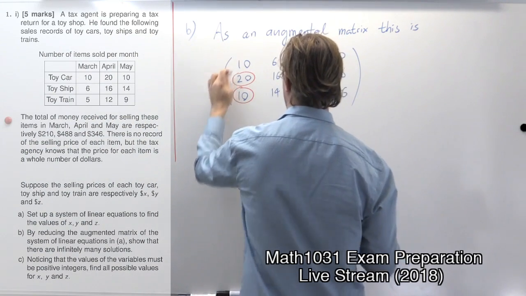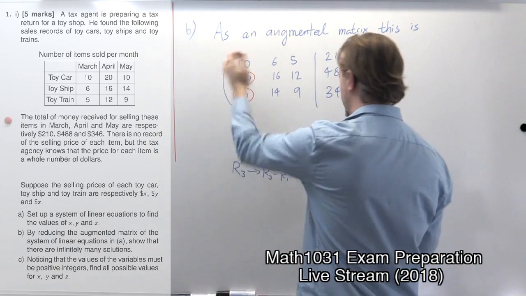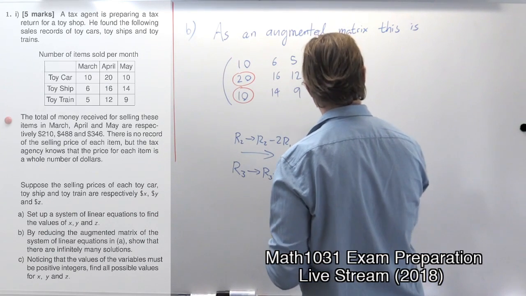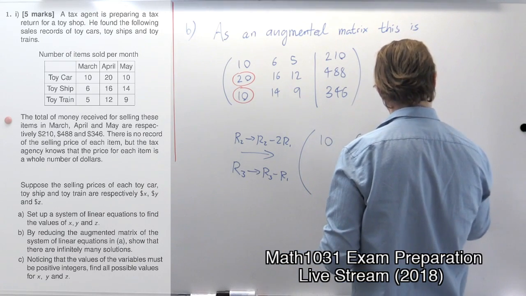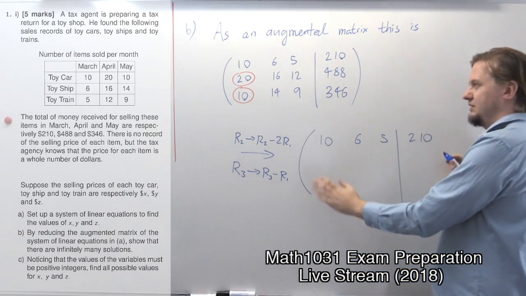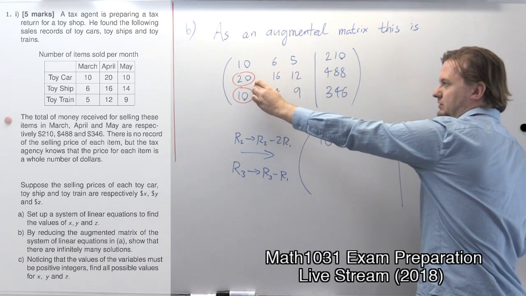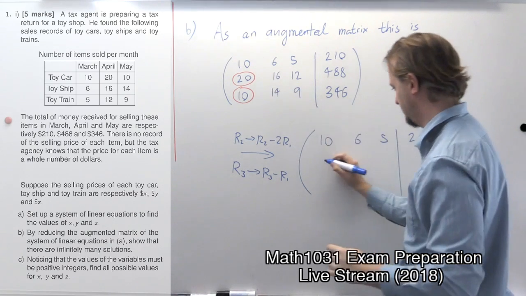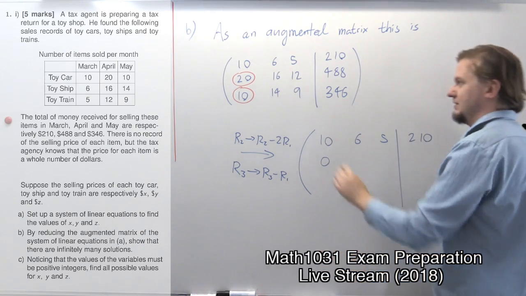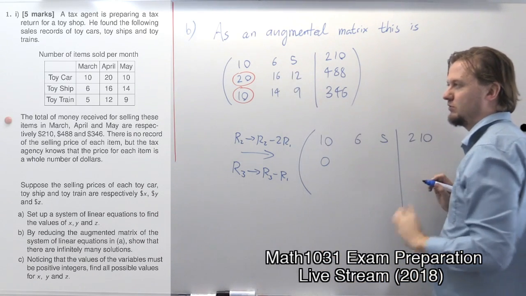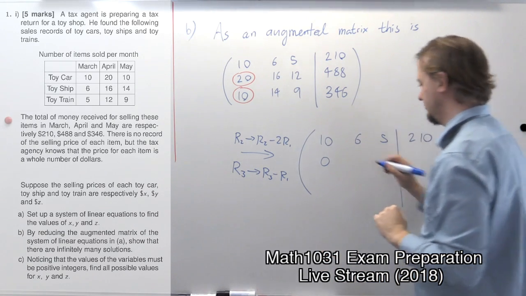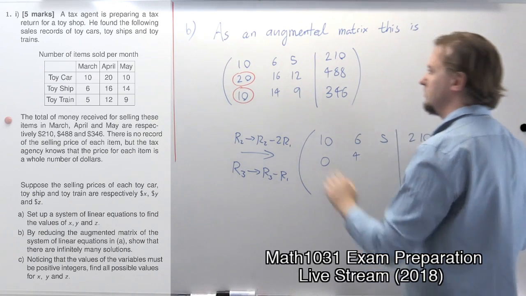Copy down the information. First row unchanged. Next row I'm going to take 20 minus 20, and that's a 0 because that's why I did it. And this one will be 16, and I'm getting rid of 2 6s, so that's minus 12, is a 4.